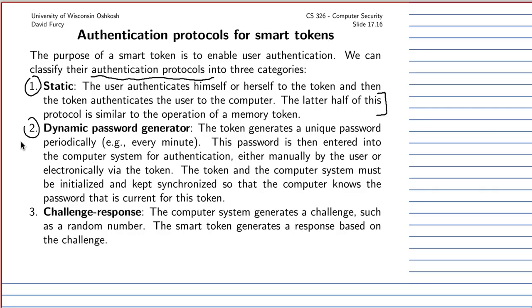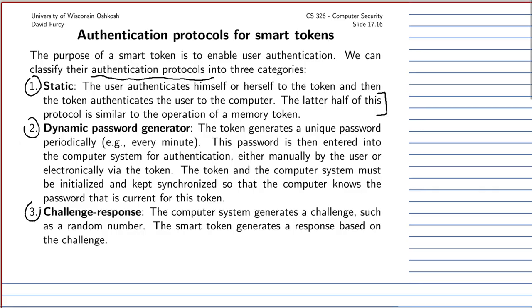This password is presented to the user, and then the user can enter it into the computer system manually, or tell the smart token to send that password automatically to the computer system. Now, for this to work, obviously the smart token and the computer system must be fully synchronized, since for the computer system to check the password, it must know what the current password is, and this password changes over time, so synchronization is crucial.